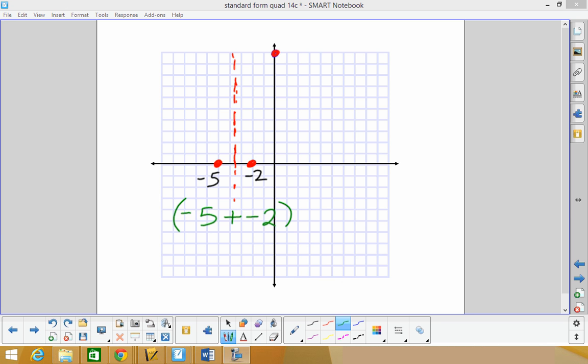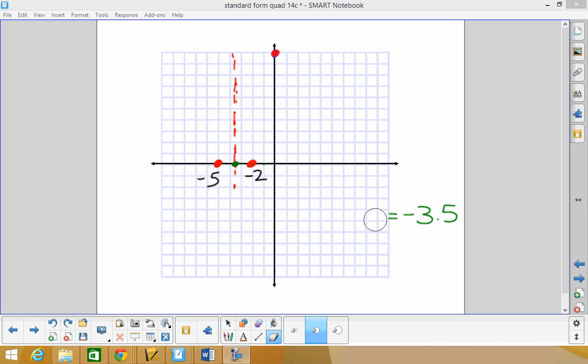You owe me $5, you owe me 2 more, you owe me 7, and then divide that in half. Negative 3.5. That means that negative 3.5 is the halfway point between my x-intercepts.